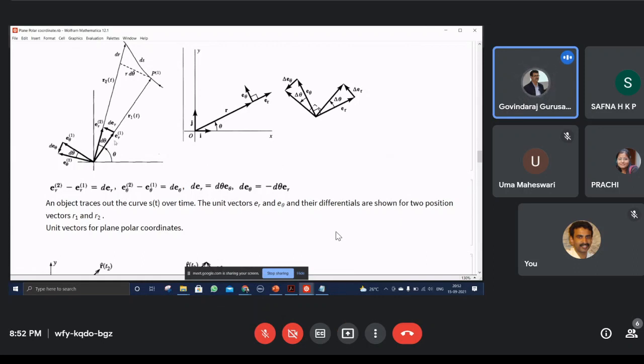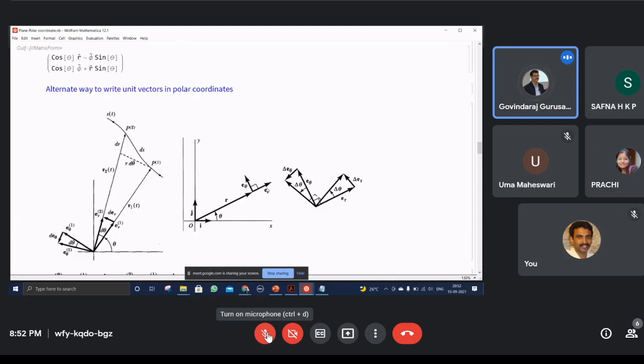That should be this d theta. Okay, and that's right. You can see this vector and this vector, they are opposite, is it not? You follow? The e_r vector and d theta are the change in the vector. These vectors are in opposite directions, therefore there's a minus sign.